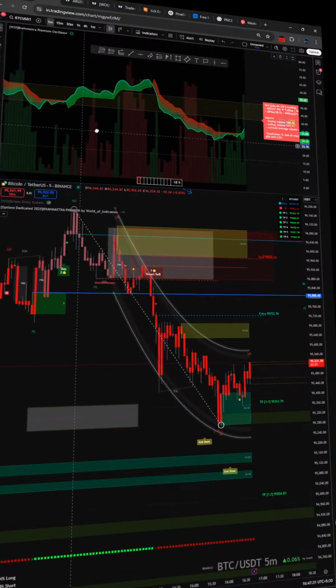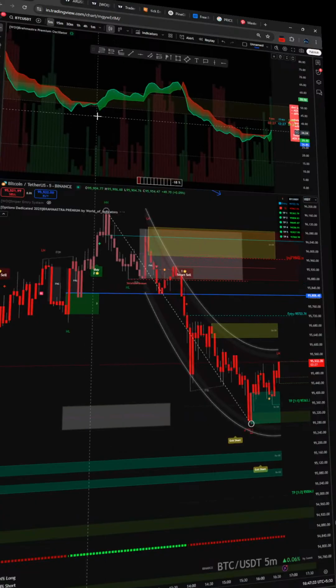Here you can see the market gave a crossover above the 40 zone. The market gave a pump and then came to a consolidation zone here. Market started going down here.